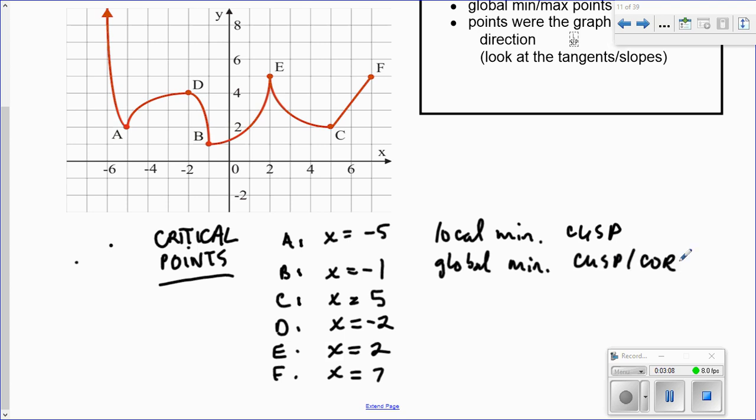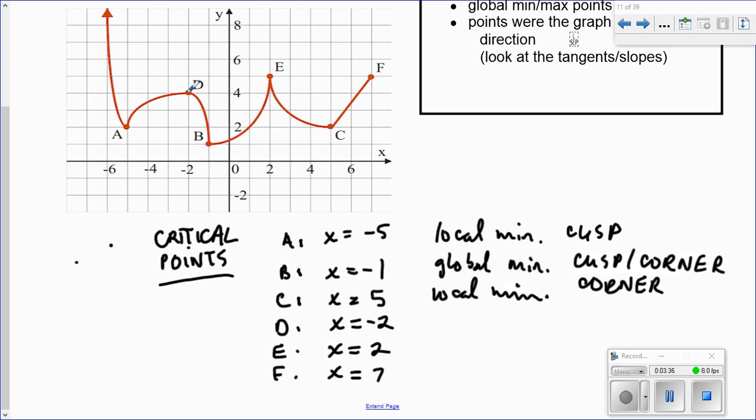Not particularly concerned about the difference between cusp and corner points. C, I've got a local min as well, and that would be a corner point. D, a local max. This is the absolute max of this.